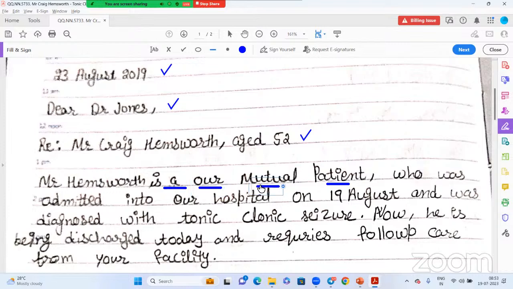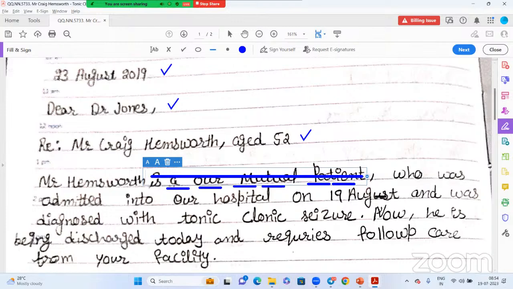This is redundant information because both of you know the patient. Mutual patient means both of you know the patient. Why do you need to tell that he is our mutual patient? Okay, no need. And why capital M and capital P? There is no need. From here to here, this sentence is not necessary.